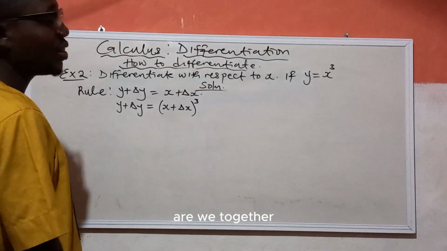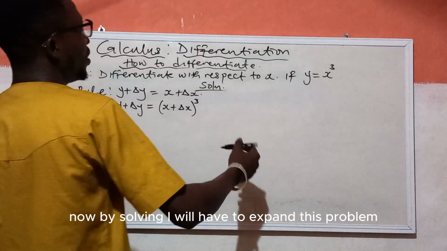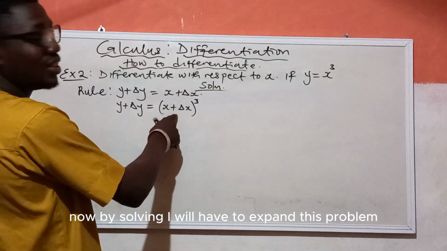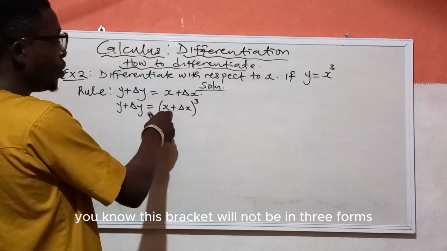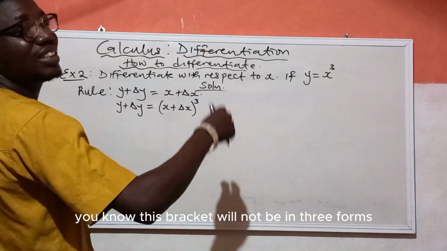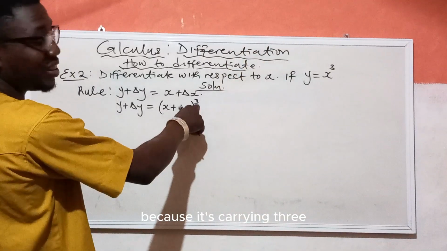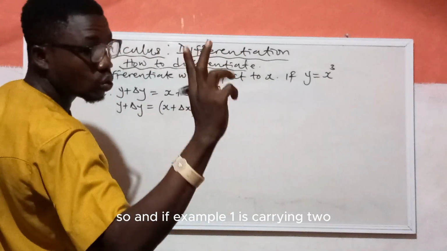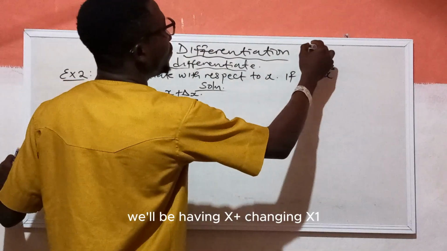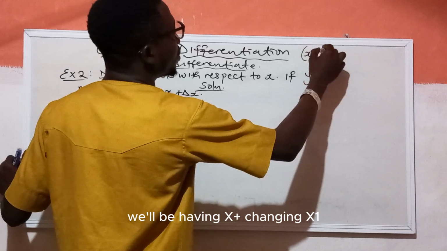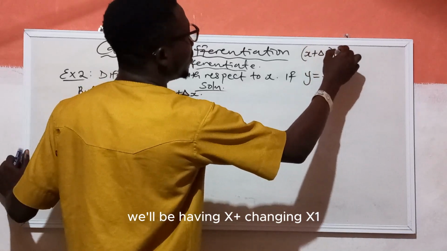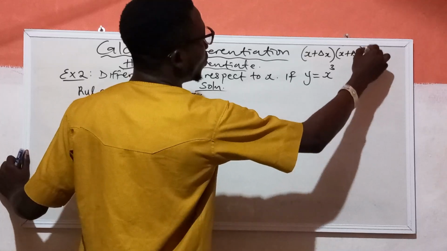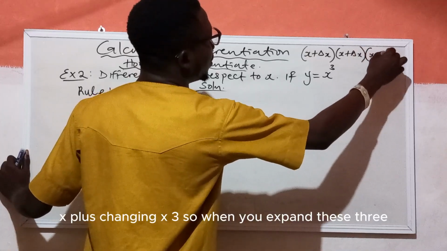Are we together? Now, by solving, I will have to expand this. This bracket will now be in 3 forms because it's carrying 3, whereas example 1 was carrying 2. We'll have x plus change in x, x plus change in x, x plus change in x.